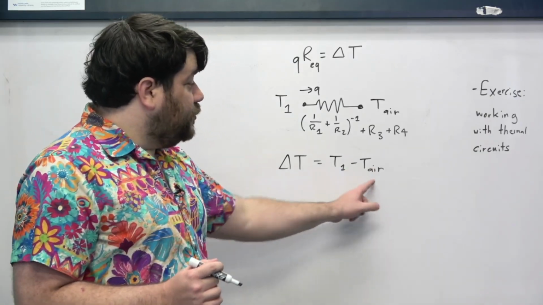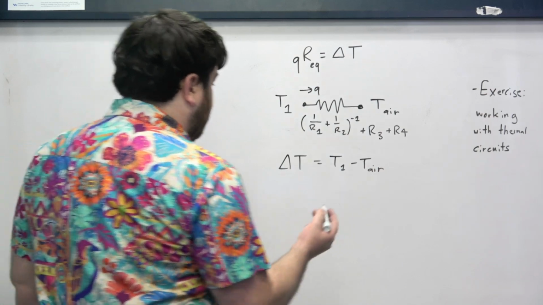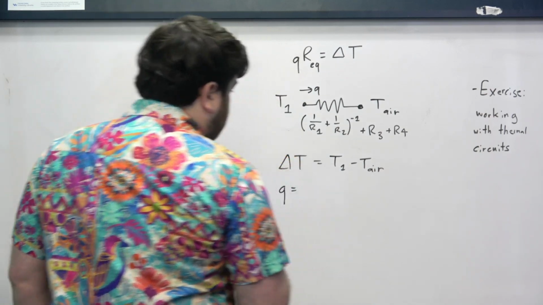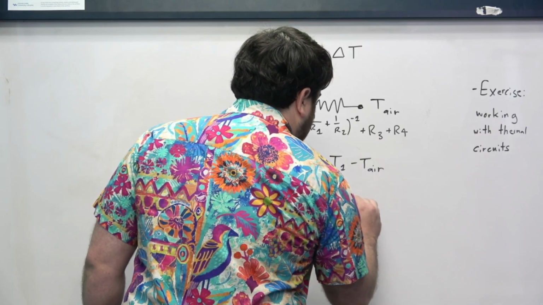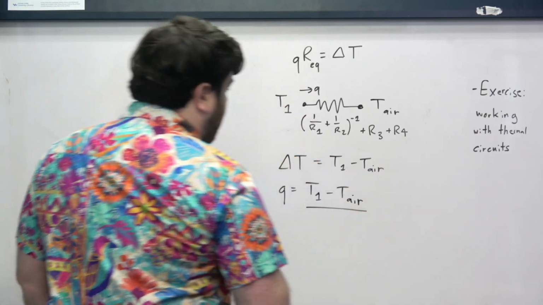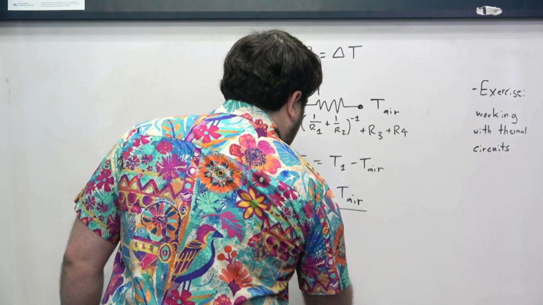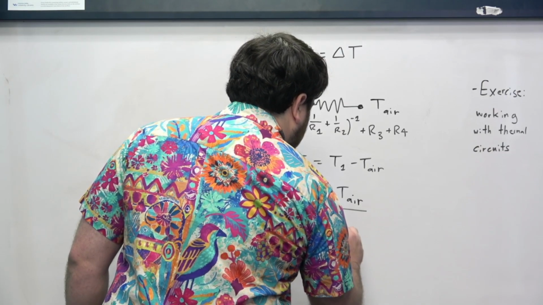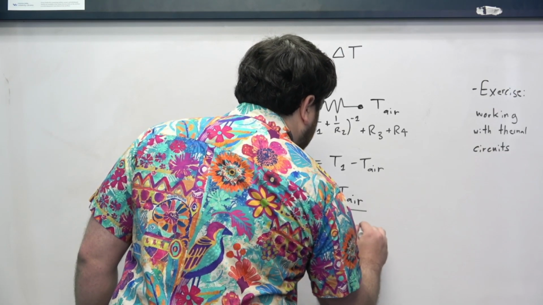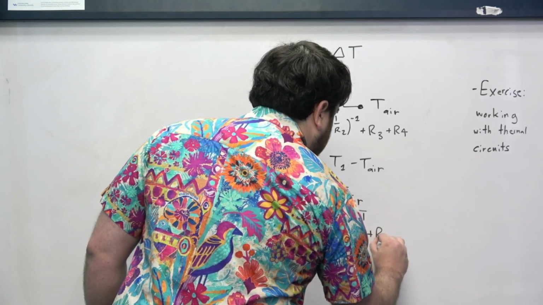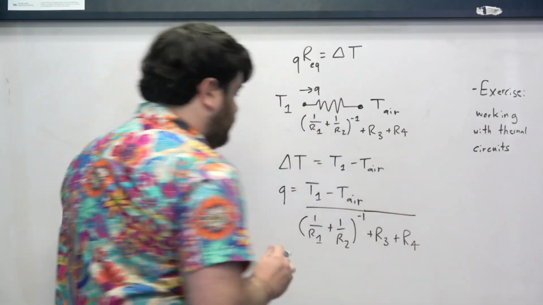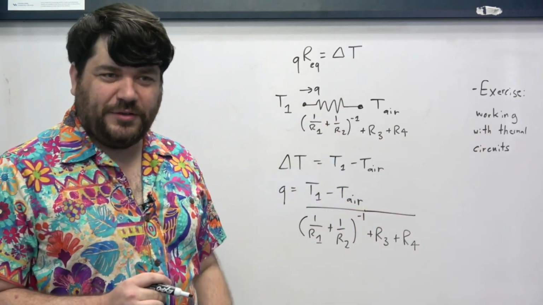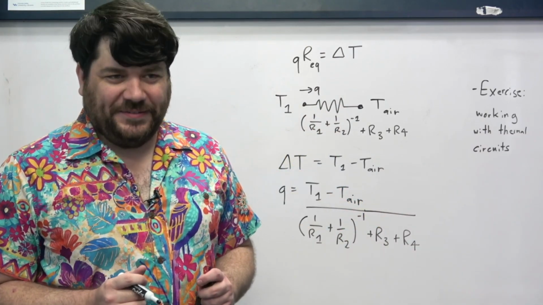And so if we know these two values, we can immediately say, well, Q is just equal to T1 minus T air divided by the complicated equivalent thermal resistance that I had found previously. And so we can then immediately obtain the following expression. So this is great. This is wonderful.